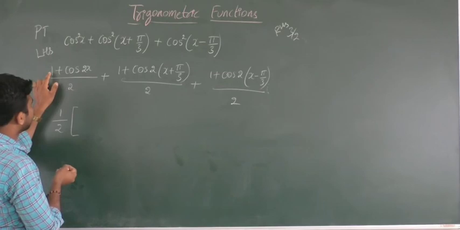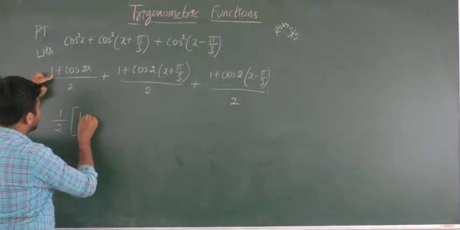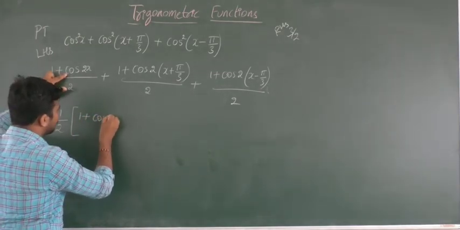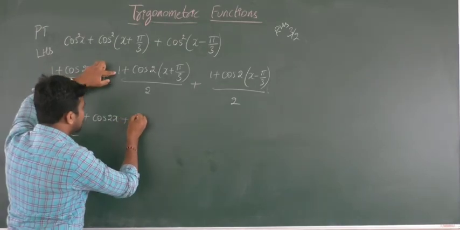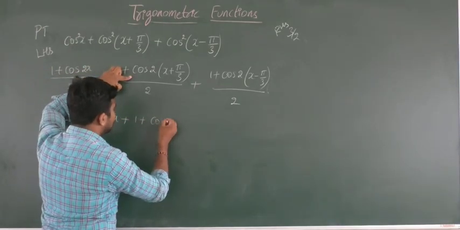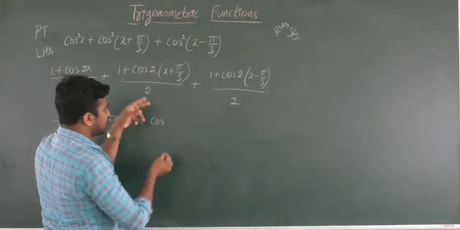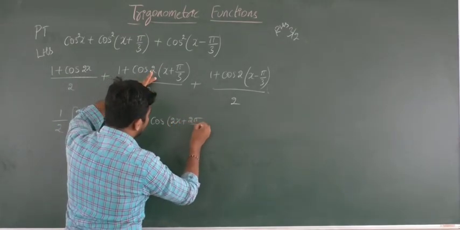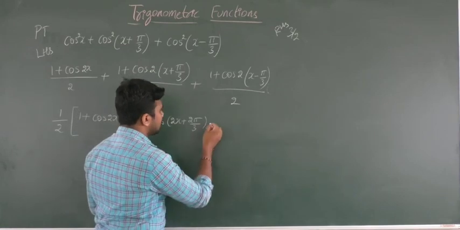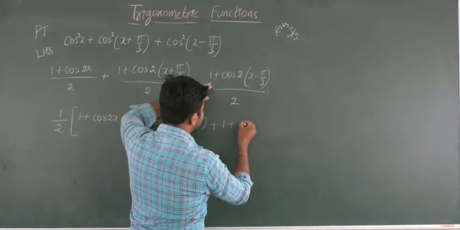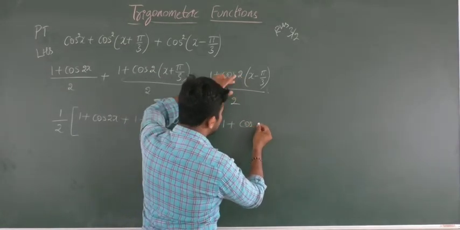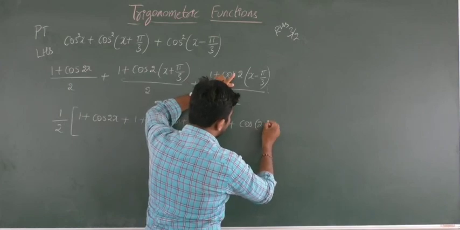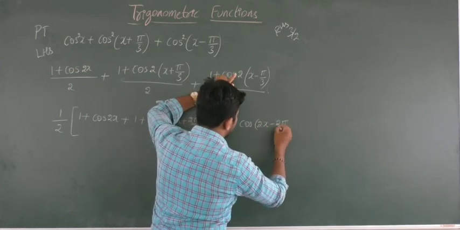Then what remains? In the first term, that is 1 plus cos 2x. In the second term, 1 plus cos 2 times this angle, that is nothing but 2x plus 2 pi by 3. Similarly here, 1 plus cos 2 times this angle, that is nothing but 2x minus 2 pi by 3.